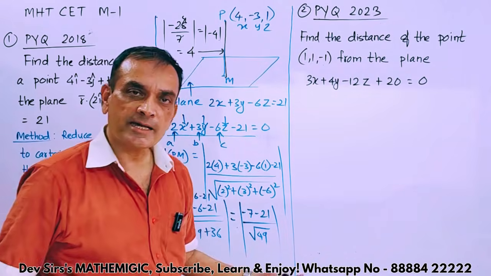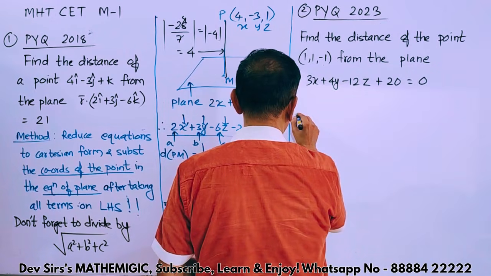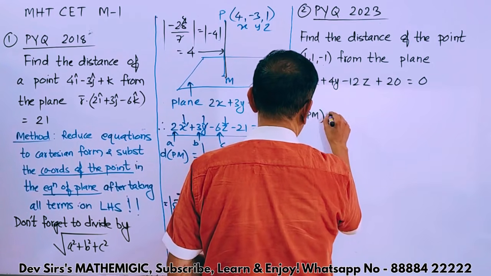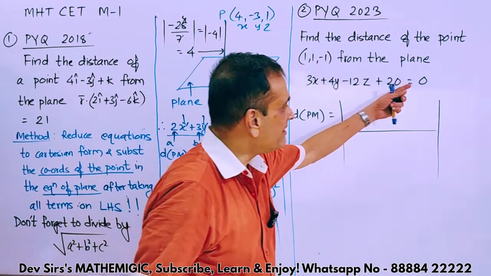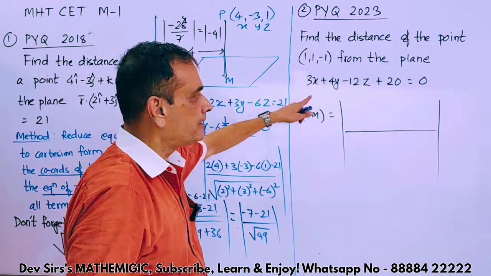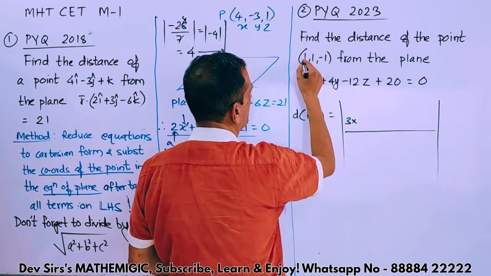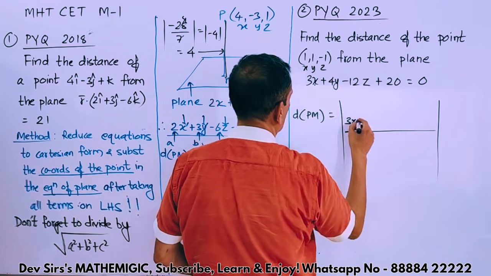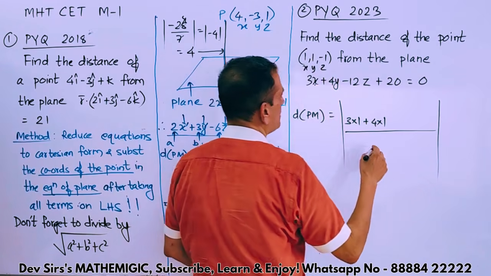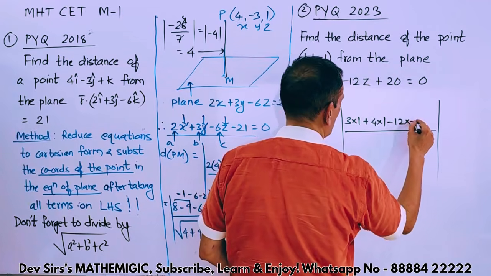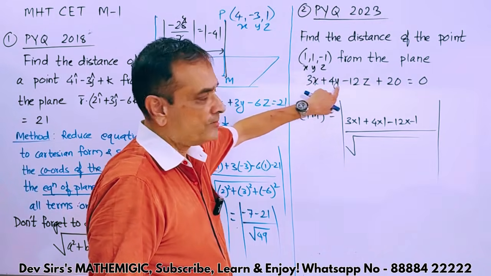Again, the equation of the plane in x, y, z is given ready made, just substitute the values. I am writing the answer directly. Don't forget the absolute value. Draw a big line. Look carefully, all terms are on the left hand side. It is x, y, z, so in place of x, substitute the x coordinate. In place of y, substitute the y coordinate. Y is 1. In place of z, substitute the z coordinate. Upon root of a squared plus b squared plus c squared, the square of the first 3 numbers from the equation of the plane.